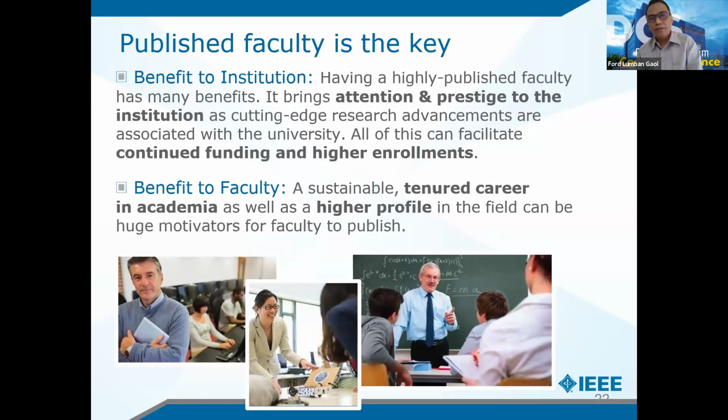So this is important. If you look carefully at the university or institution itself, if you want to look at the ranking, I repeat again, if you want to look at the ranking, for instance, QS or Times Higher Education, one of the important factors that they count is the publication itself.